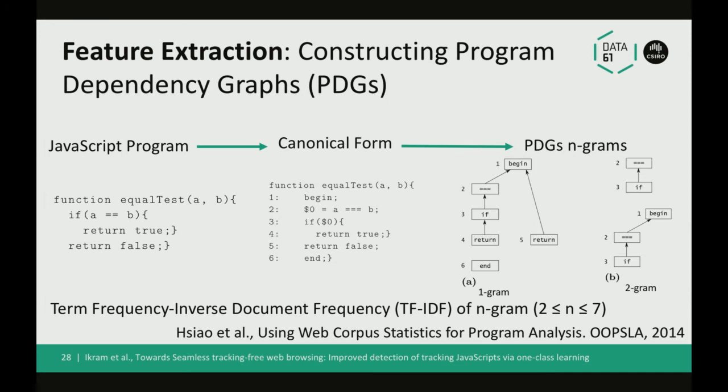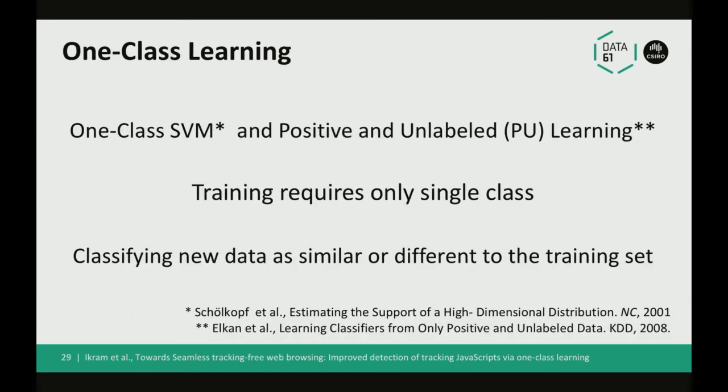In addition, we also extract sequential n-grams, which are based on the sequence of extraction in the canonical form. To find out the relative importance of n-grams, we use the TF-IDF measure.